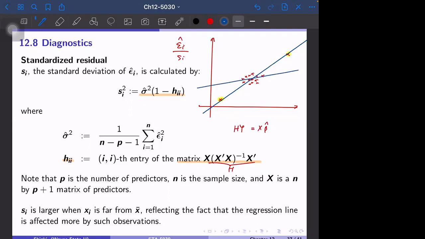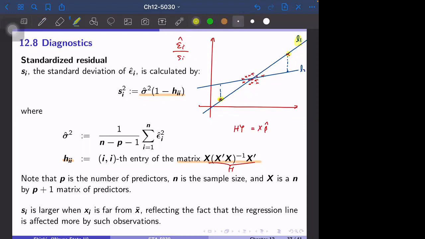But if we use this line, say L1 and L2, if you use L2, then the error for these observations becomes too large, so that the sum of squared residuals gets too large. So in such a case, actually L1 achieves a smaller sum of squared residuals. So that's why these two points are influential.